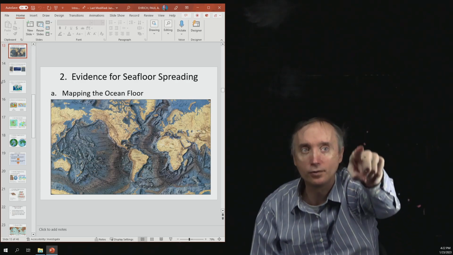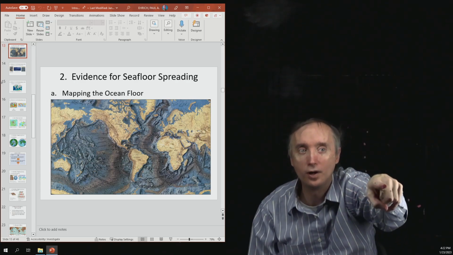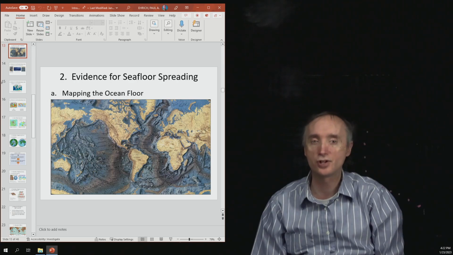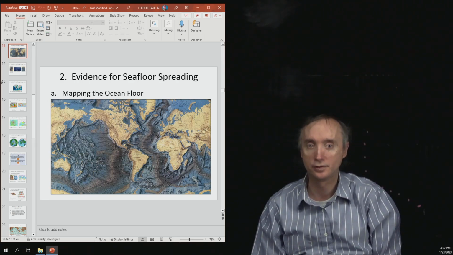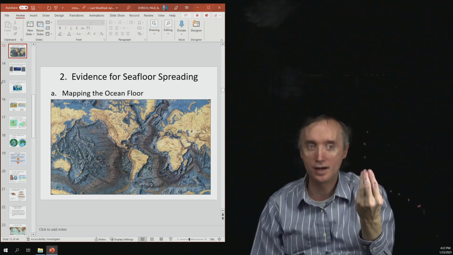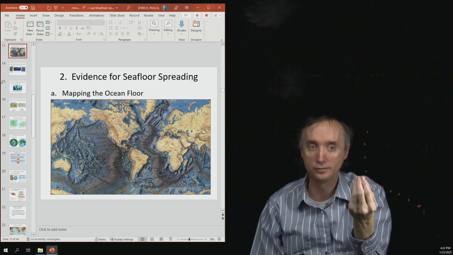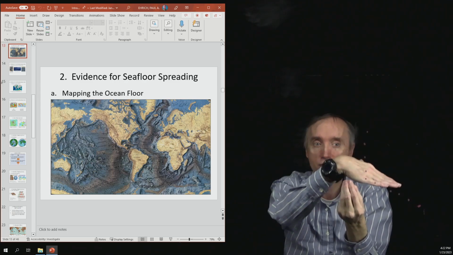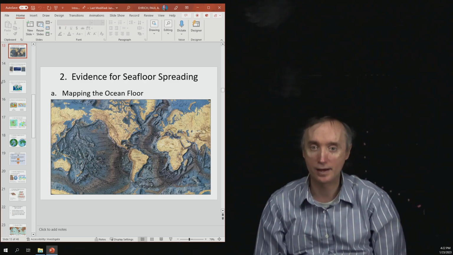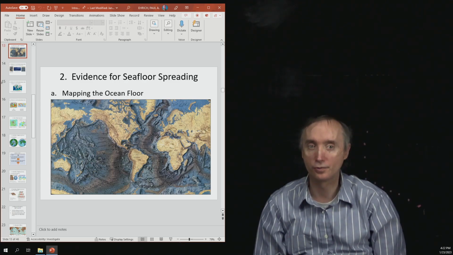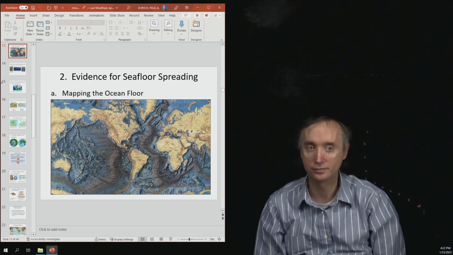Now, what about this thing right here? So why did it change direction? Now the hot spot did not change its position. The hot spot's always been there, and the plate's been moving across it. So what must have happened? The direction of the plate must have changed.